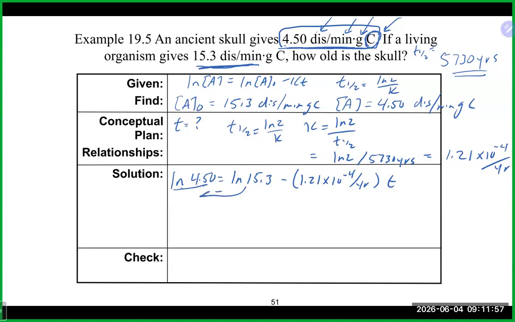We're going to do the natural log of 4.5 minus the natural log of 15.3. That's going to get us negative 1.223775, equal to negative 1.21 times 10 to the minus 4 reciprocal years times time.